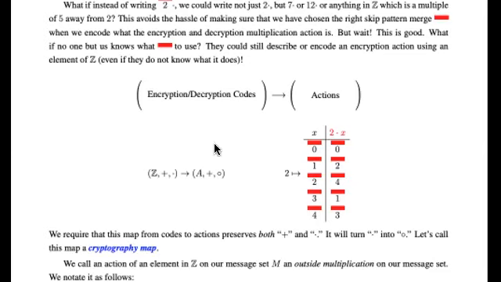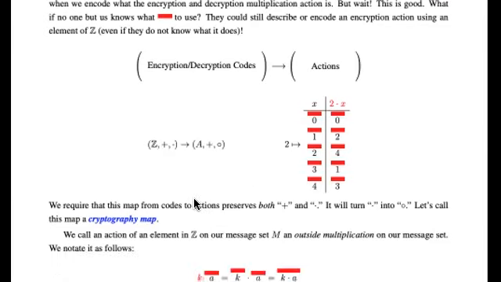And we're going to call such a map or function that preserves the structure, addition to addition, and multiplication to composition, a cryptography map. And we even call it an outside multiplication, if you will, because things in here are acting over here basically as multiplication. Over here you multiply things together, but here it's like composition.